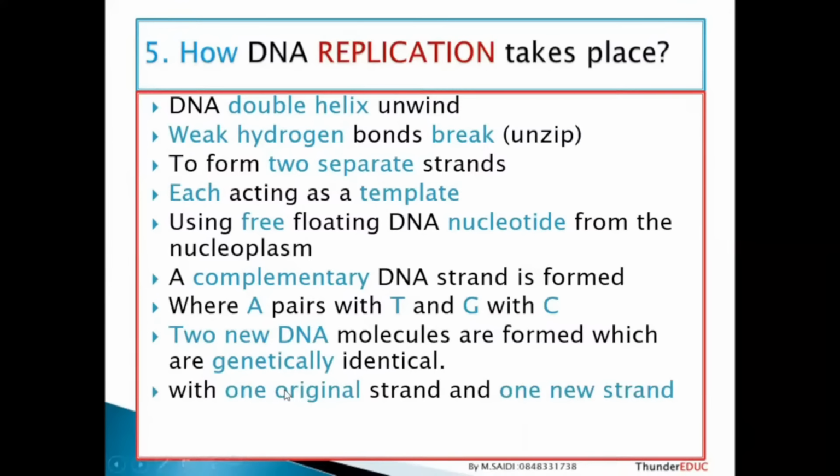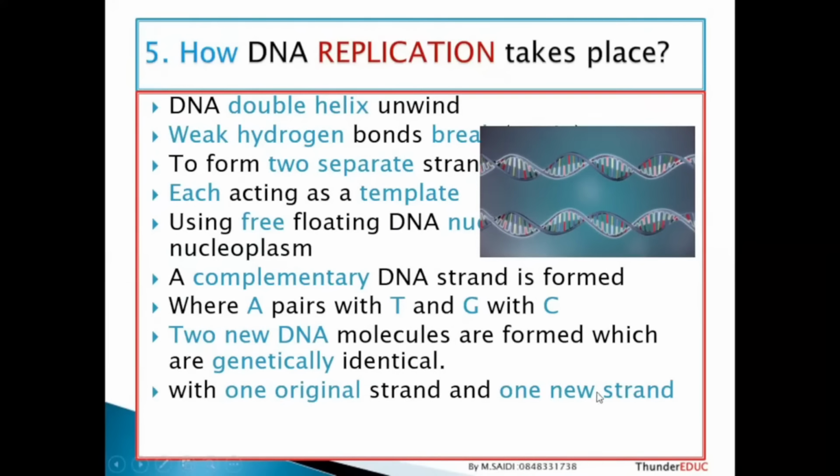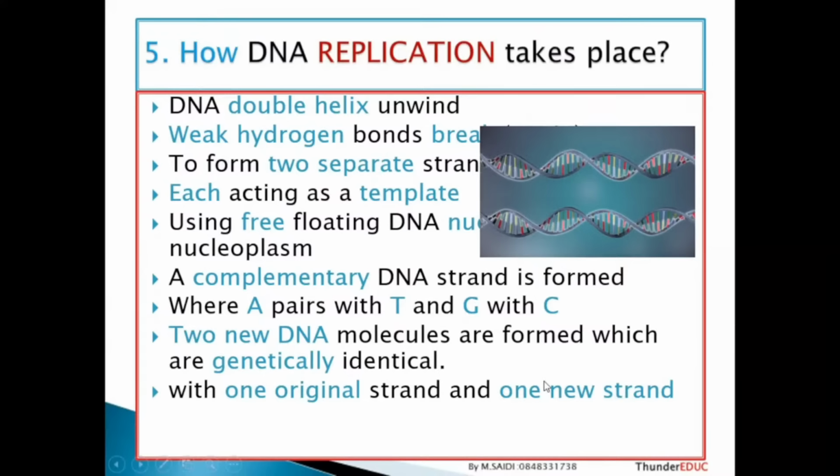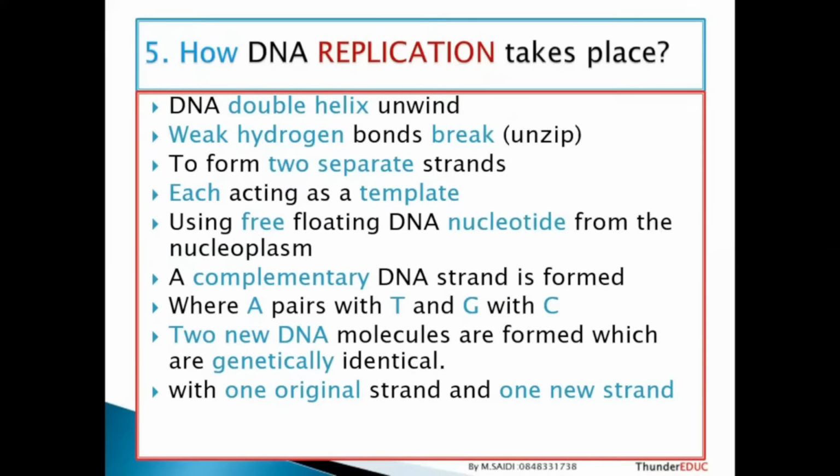Then you're saying that there is one original strand and one new strand. So the two genetically identical DNA formed, each is having one original strand, and each is having one new strand, as I explained before. This process is controlled by enzymes. So basically, that's how you are supposed to write.